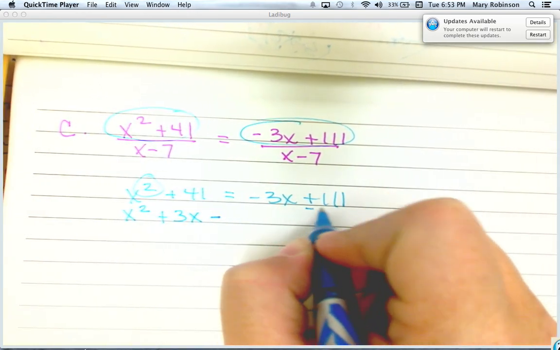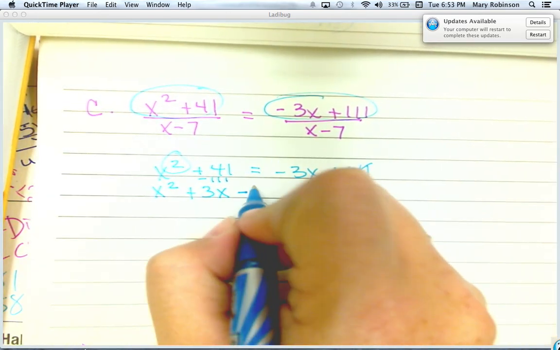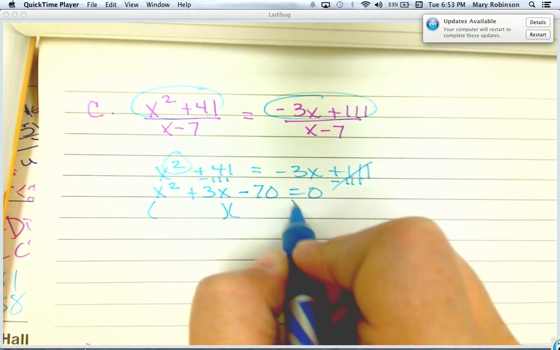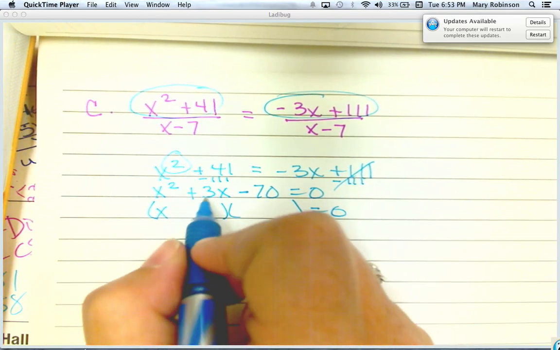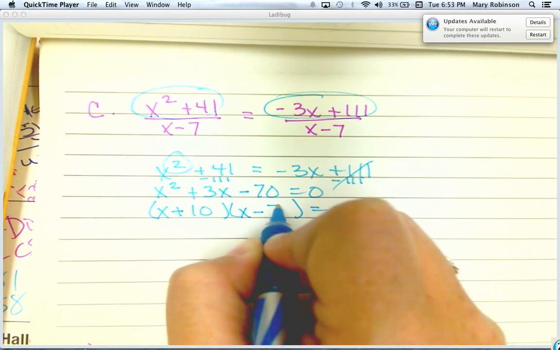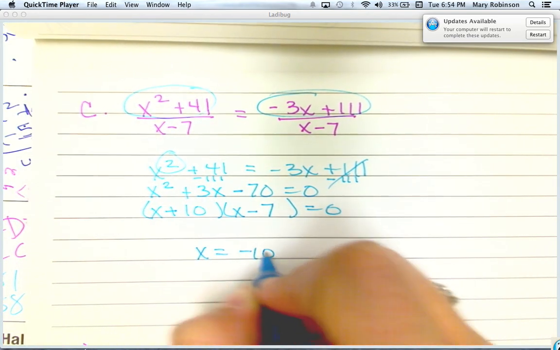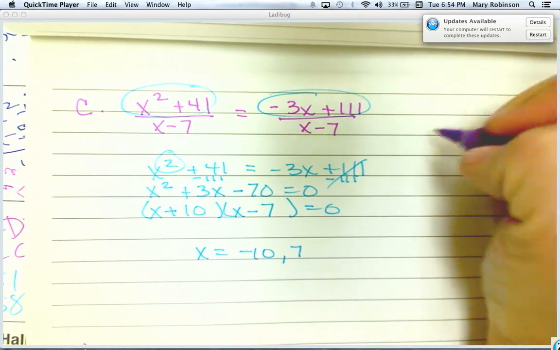So if I subtract 11 from both sides, I get negative 70 equals 0. So this should be a simple one to factor because a is equal to 1. I can use 7 and 10 to get 3. So if I do x plus 10 and x minus 7, then I get the values of negative 10 and positive 7. But remember, again, to check it against extraneous values.